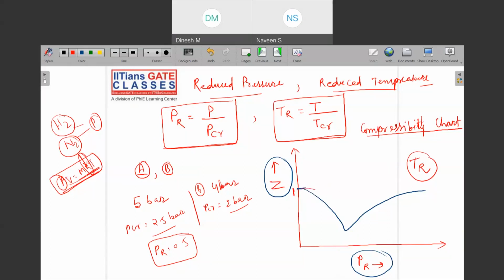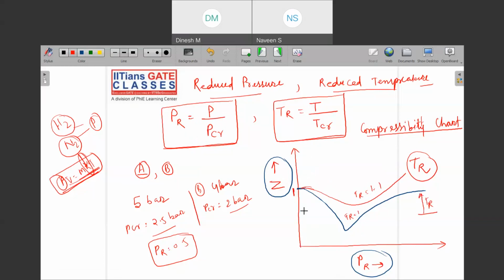Constant TR values you are trying to draw, and the other one would look something like this, that it has come to this point and then it has increased. This is your TR, let us say TR is equal to 1. Then this TR is equal to 1.1 and like that. So we have TR increasing in this direction.